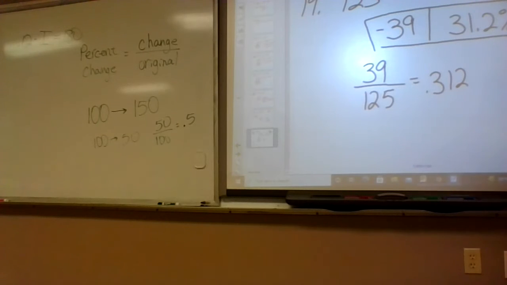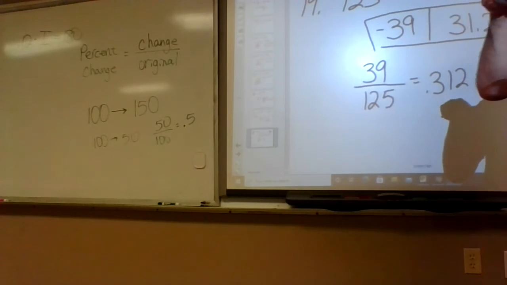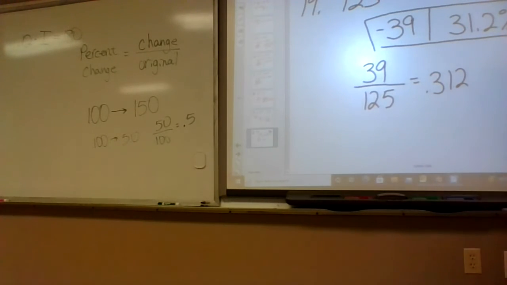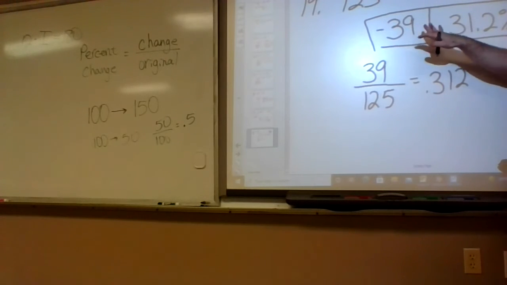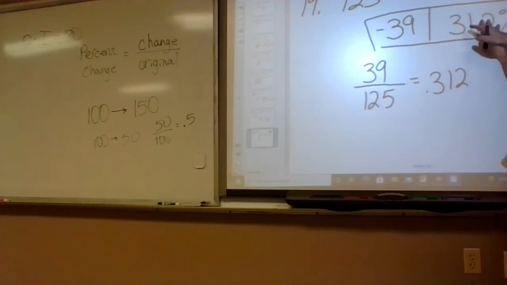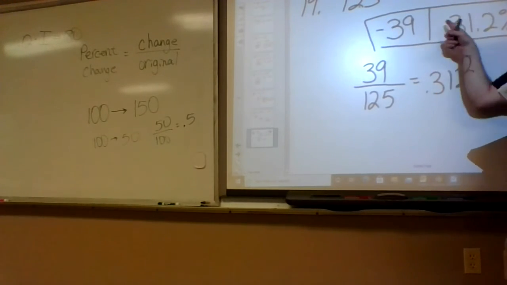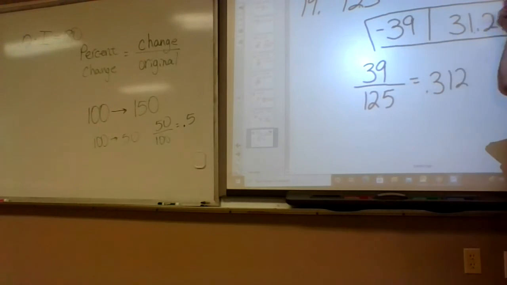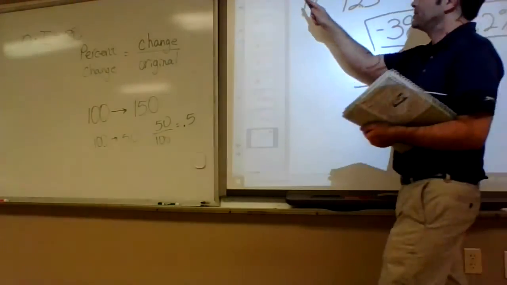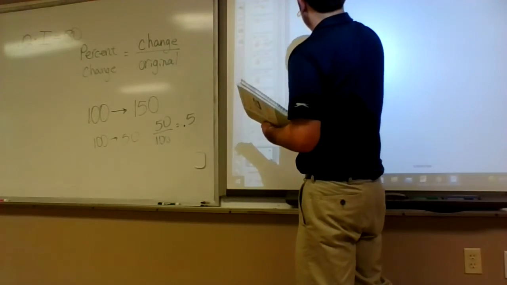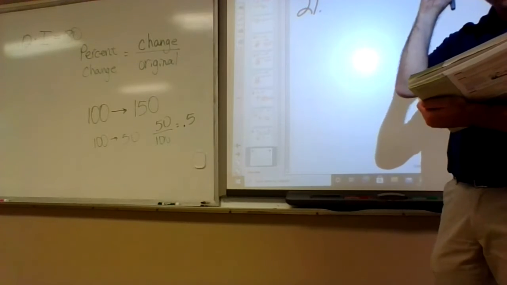If you do 1 divided by 3 in your calculator, you get .33333 forever. This number is this percent of that number. But we don't subtract this number, we just subtract that number.